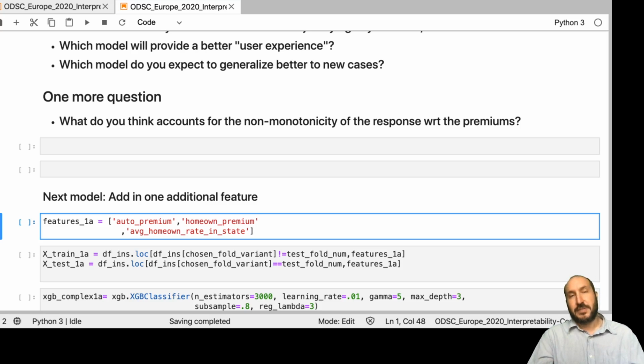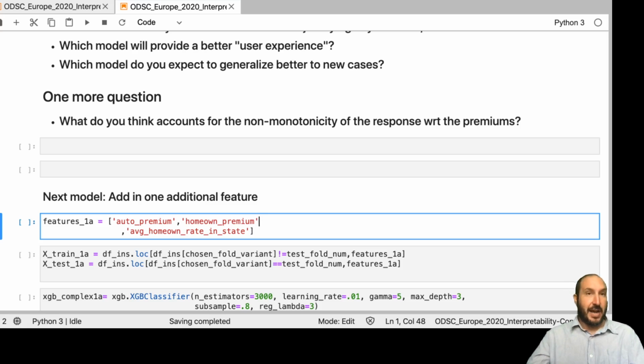Another thing also is different states will have different levels of, let's say, natural disasters. So if you're in an area where there's a lot of hurricanes, it's going to be a lot more expensive than in a place that doesn't have those natural disasters. That means that if I'm paying $1,000 in Nebraska versus paying $1,000 in Florida, that's going to mean different things.